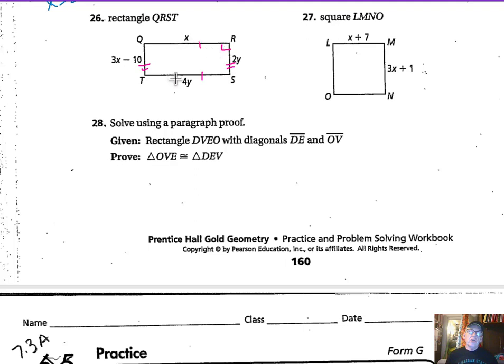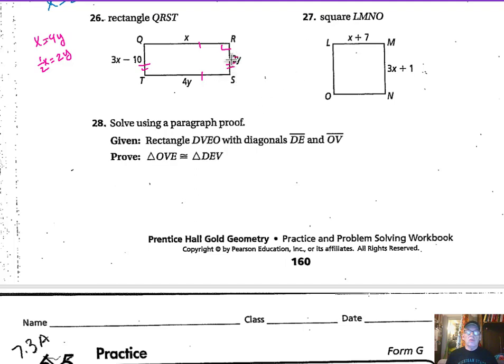Since x is equal to 4y, every place that there's a y, well, here we have a 2y, so we need a 2y there. 1/2 x is going to be 2y.